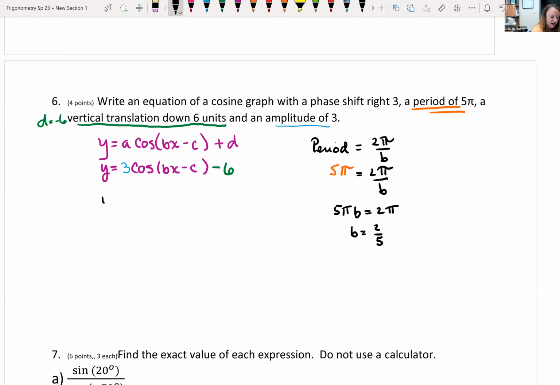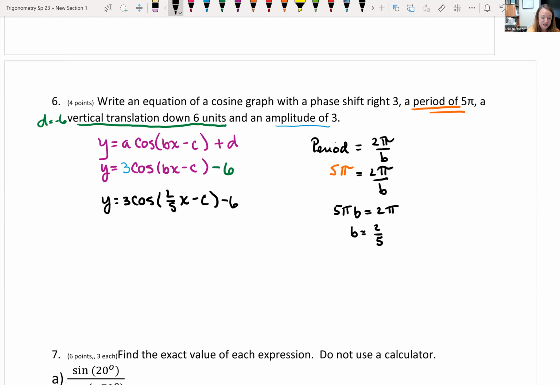So far we got y is equal to 3 cosine of 2/5 x minus c, plus -6. So we just need to figure out what our c value is.